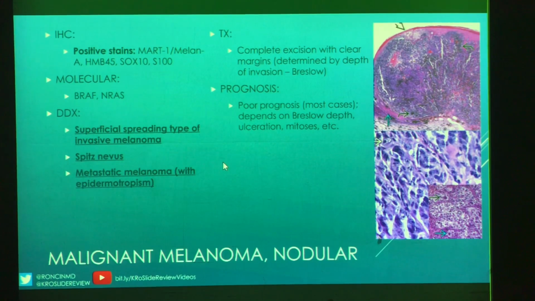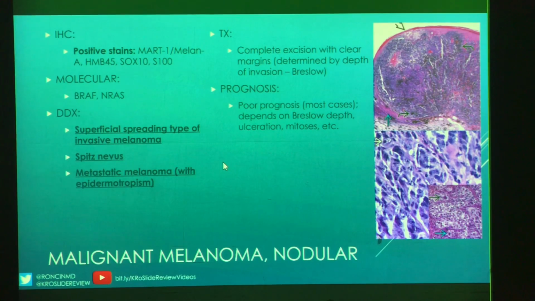Again, your differential: there's our Spitz nevus, so that's very good, superficial spreading invasive melanoma, as well as metastatic melanoma. So you want to think about that, right? Because you can have melanoma in multiple different areas. Maybe it was a different skin site even. So those are all things to consider.